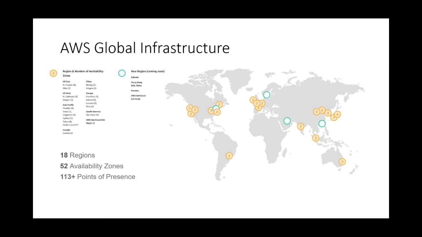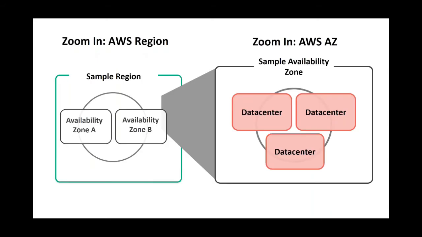Just to double-click on AWS, what really is a region, and why is it not just a data center? A region is a combination of more than one availability zone. Each availability zone is isolated and separated, but still connected with a low latency network, and they are independent from one another. Conceptually, these are like data centers, but physically separated.